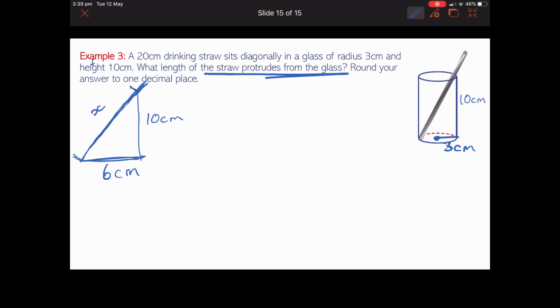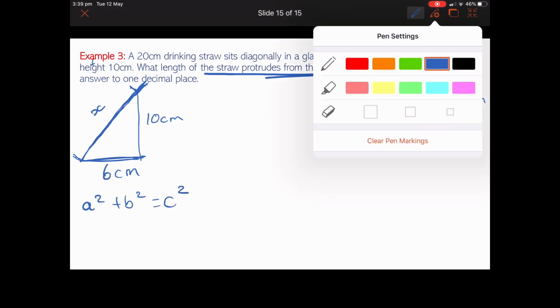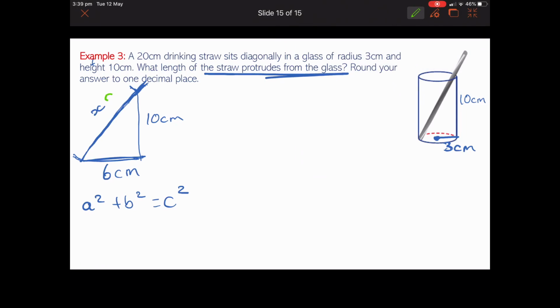Okay, this is a case 1 because I'm trying to figure out the hypotenuse. So I've got a squared plus b squared equals c squared. This is my c, this is my a and b. Doesn't matter which one's your a or your b in this case.